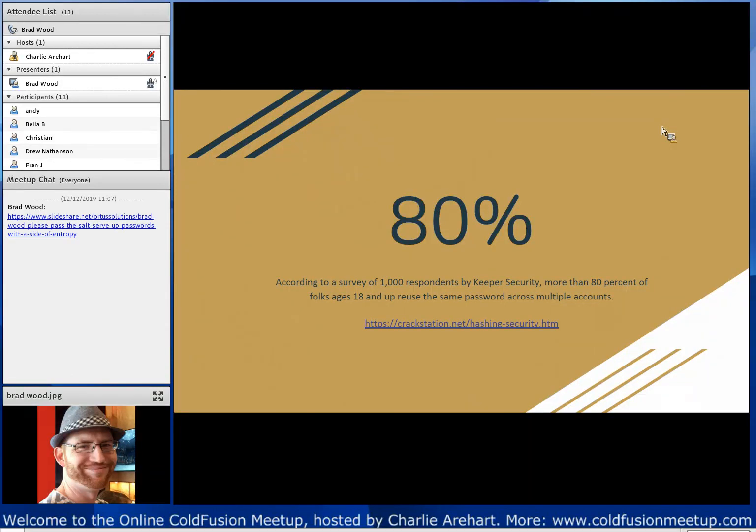All right, so 80%. According to 1,000 respondents in a survey, more than 80% of folks age 18 and up reuse the same password across multiple accounts. And that's important because even though you may run a website that you would consider a very low value target for hackers, people log into your website to, who knows, bookmark pages on the internet, right?